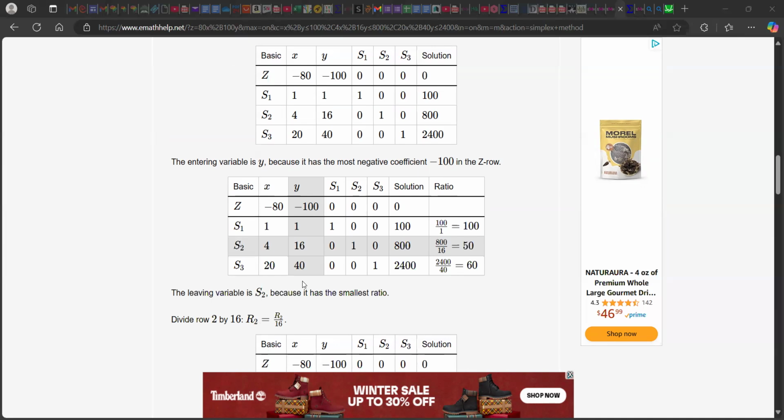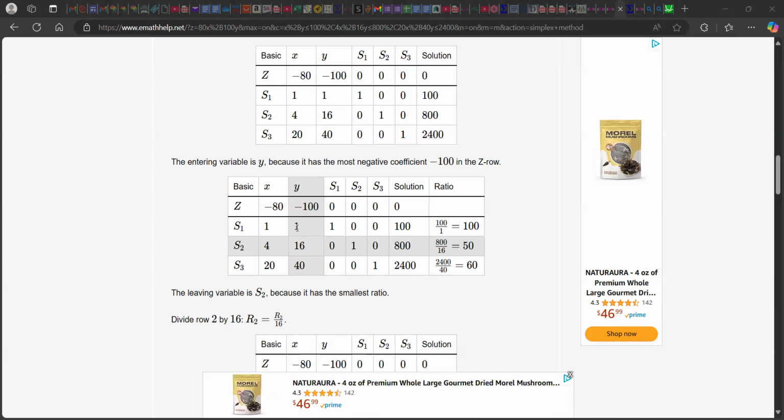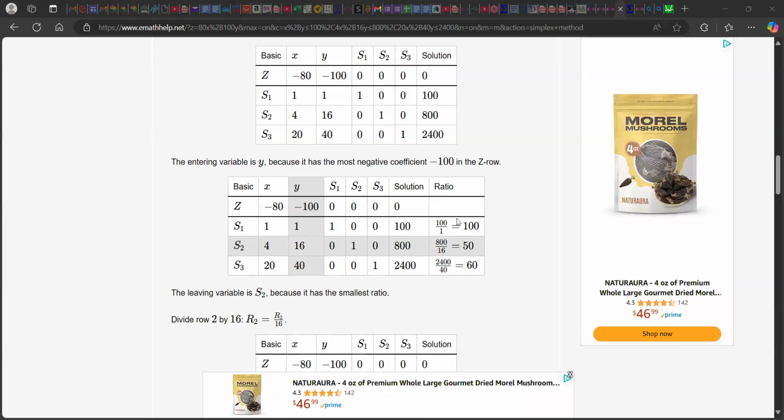What you do now, you take each of those, the solution here, 100, 800, 2400, and divide by the numbers 1, 16, and 40. That's what is done here. See here? I'm not annotating because when I annotate, I can't scroll. So I'm using the mouse cursor to go through what's happening, right?